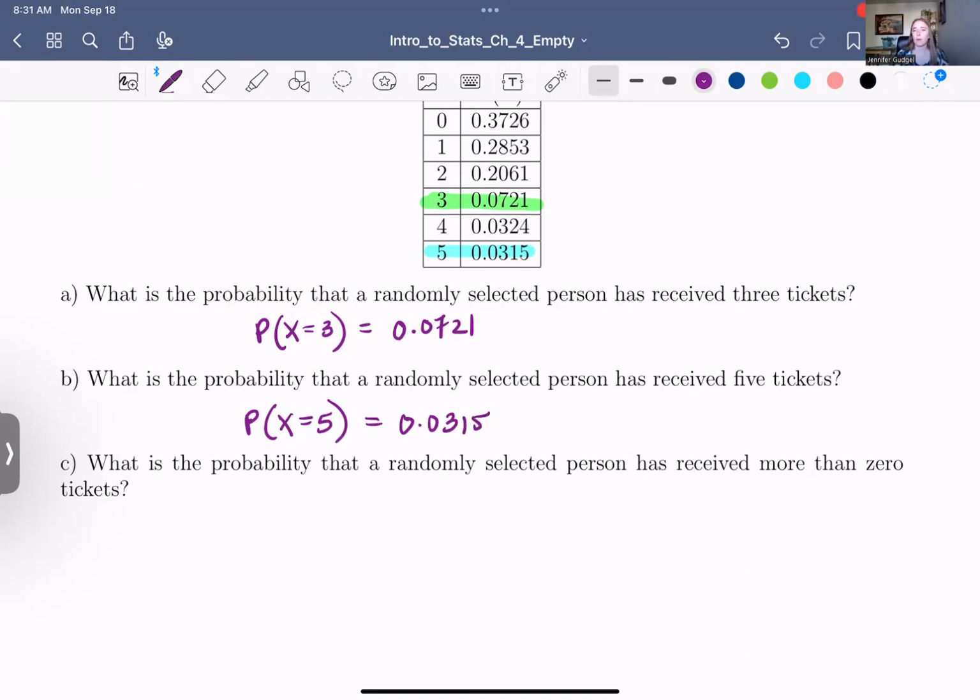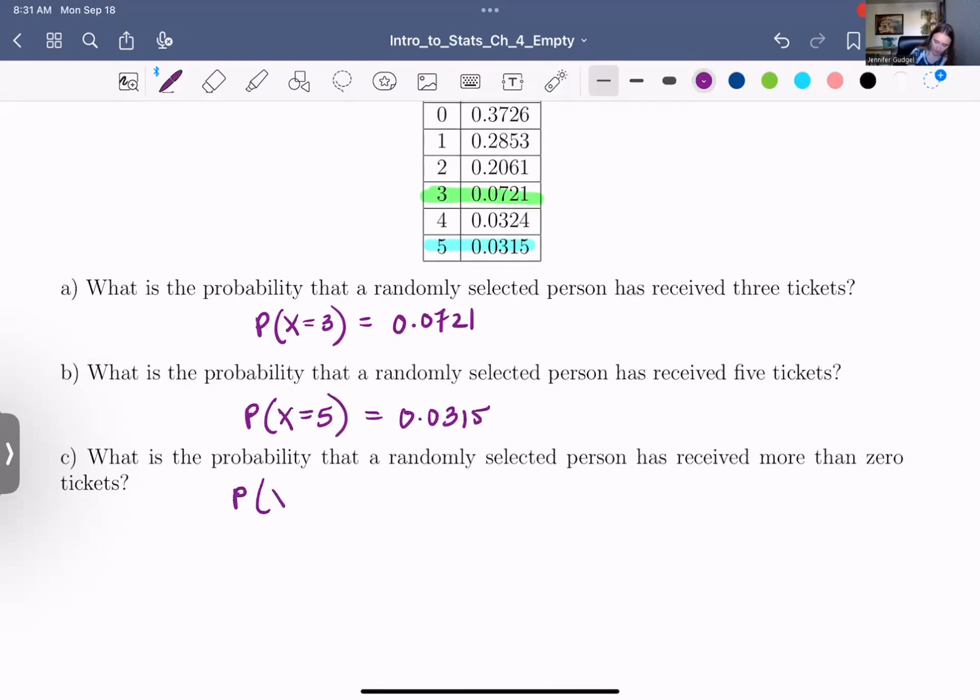All right, what is the probability that a randomly selected person has received more than 0 tickets? P of X being more than 0. Let's think about what inequality this means. There's only so many ways we can do this, and after you do a few of these, you can start to almost make a key for yourself if you are someone who struggles to take words and put them into notation.